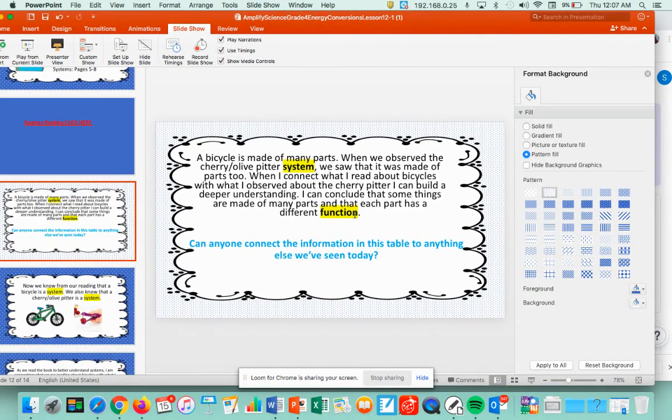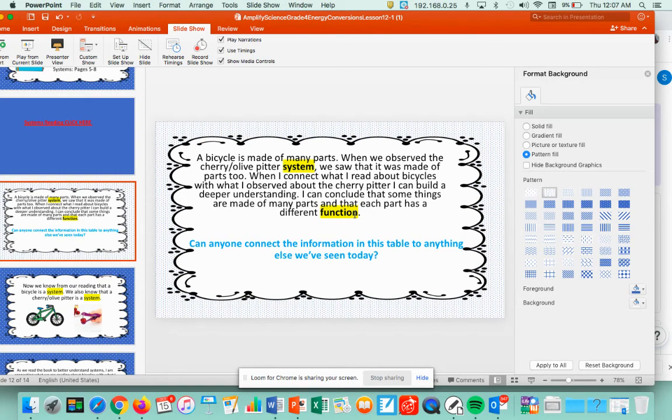When we observed the cherry olive pitter system, we saw that it was made of parts too. When I connect what I read about bicycles with what I observed about the cherry pitter, I can build a deeper understanding. I can conclude that some things are made of many parts and that each part has a different function.